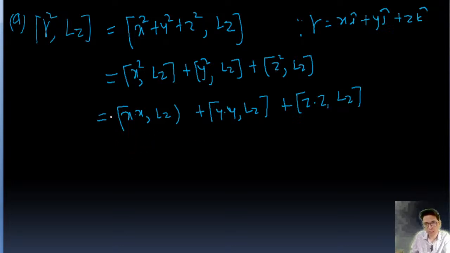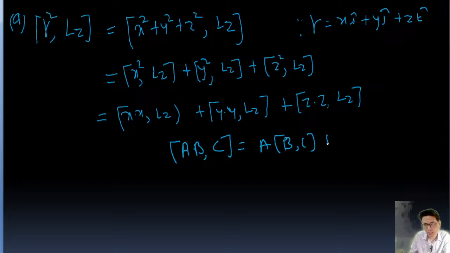This property, guys, I'll show you. This is the property: the commutation of a with bc is going to be b times the commutation of a with c, plus the commutation of a with b times c.